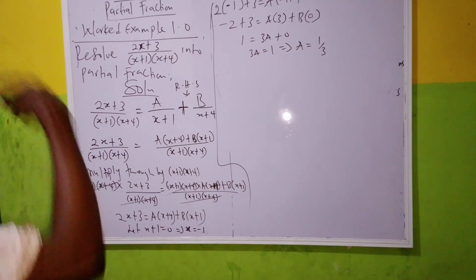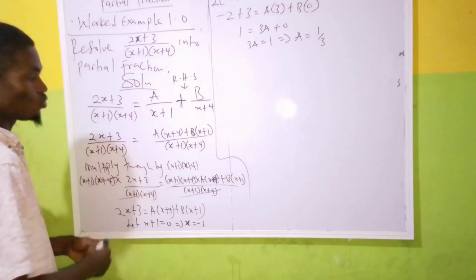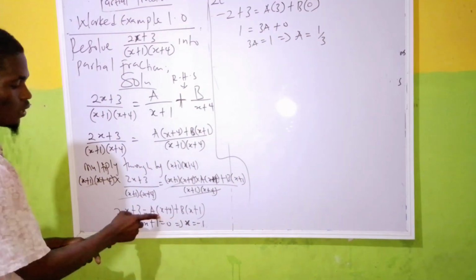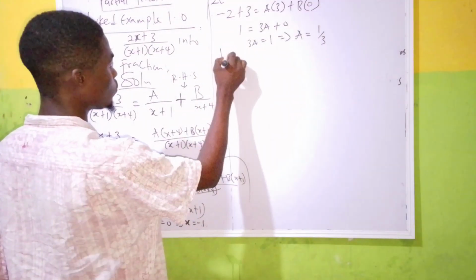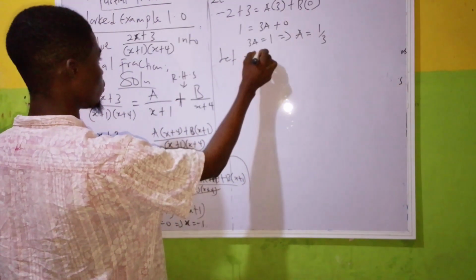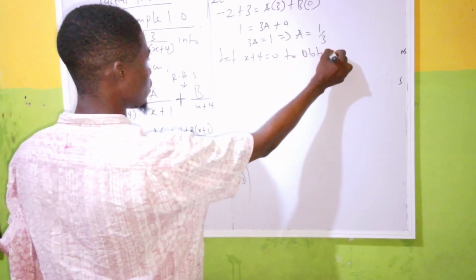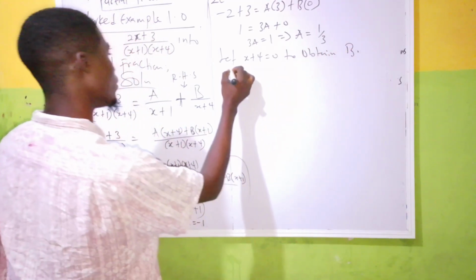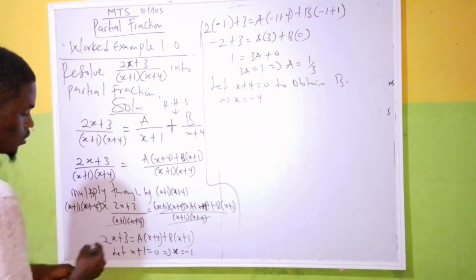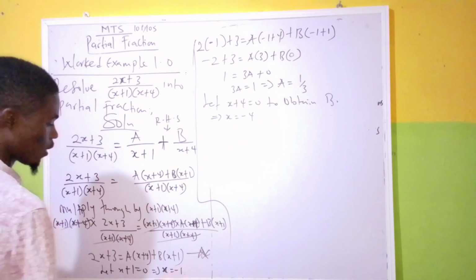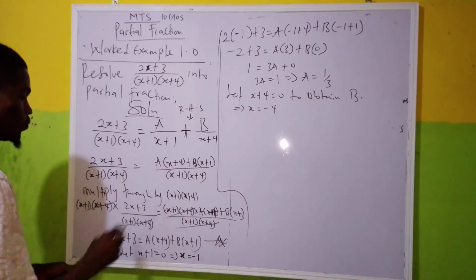So that's how we came about that. So no stress. So now we have already gotten our a. So to get our b now, we make the factor of this a side to be equal to 0. So let x plus 4 equals to 0 to obtain b, which implies that x equals to what? Minus 4. So anywhere you see x here, you repeat the same process.